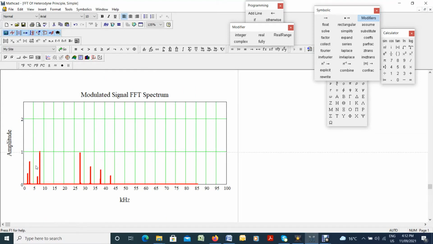And what used to be a high frequency ends up being a low frequency. What used to be a low frequency ends up being a high frequency. It's a mirror image flip called spectral inversion that happens in that case.